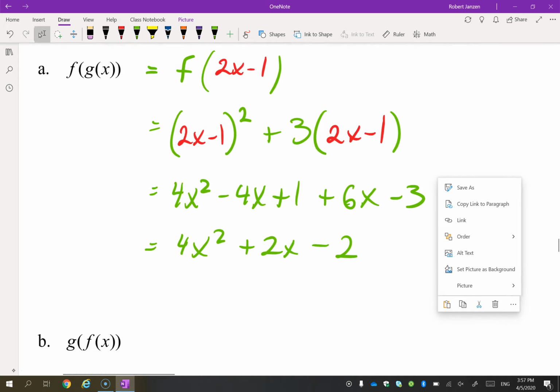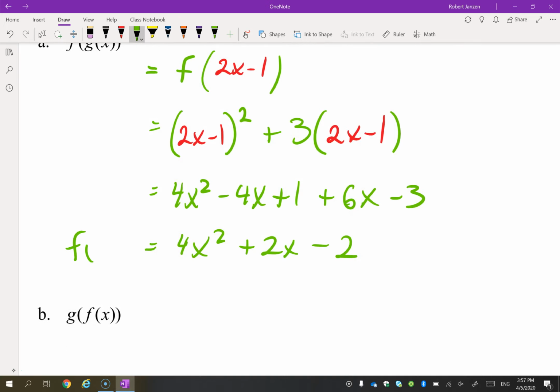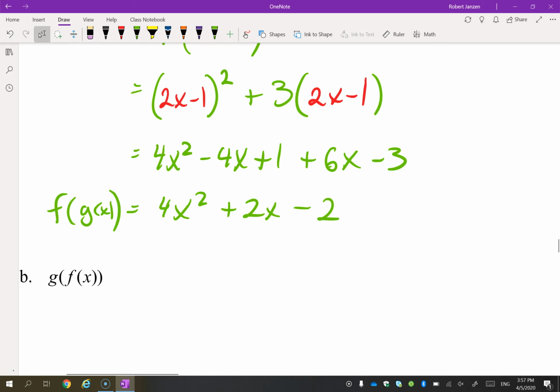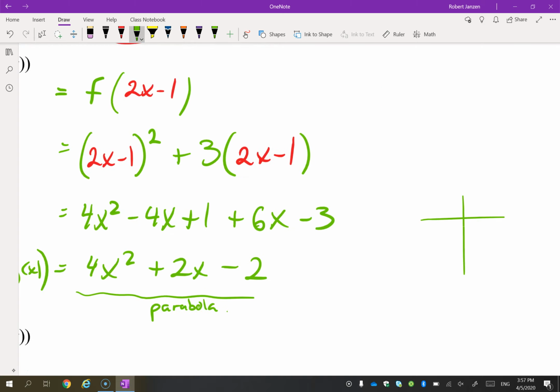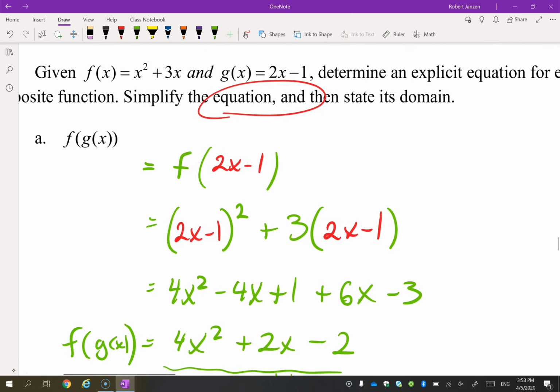Okay, that's f of g of x. Now what is this? Do you recognize this? You should recognize this as a parabola. Now if you know it's a parabola, you know that you could figure out what it looks like. We could find the vertex, we could find the x-intercepts. Okay, this question says, state the domain.